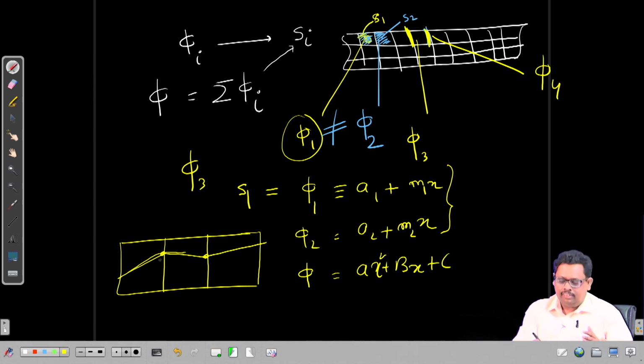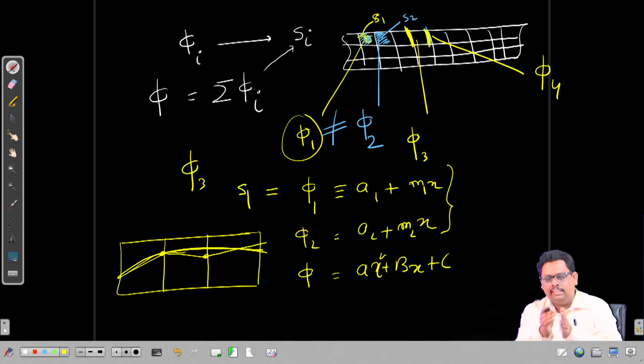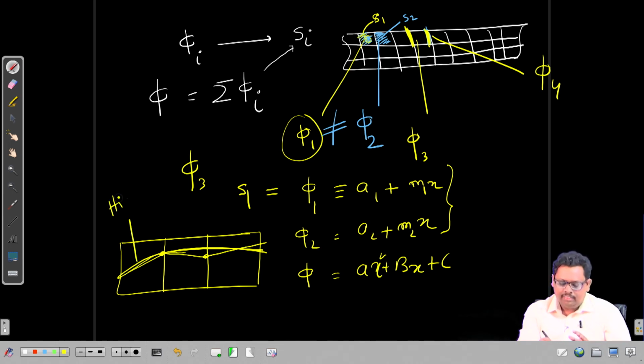Okay. So, at this point it is absolutely a nice thing, there is no question of discontinuity at the boundaries in this case. So, this is called a higher order panel method.